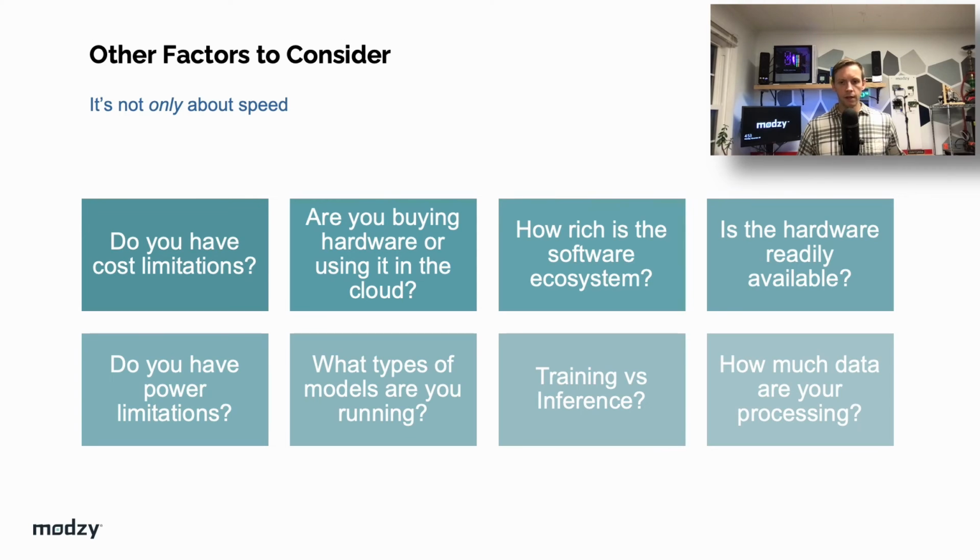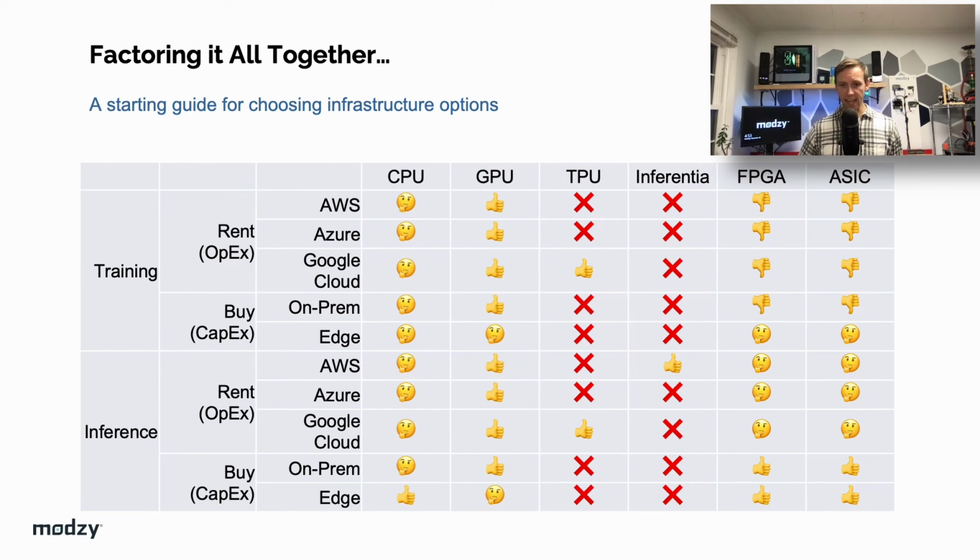So, again, some questions to think about, some things to consider as we put all of this together. This is my take on where and when I would choose a particular piece of hardware given the situation I was in. On the training side, GPUs are really hard to beat.